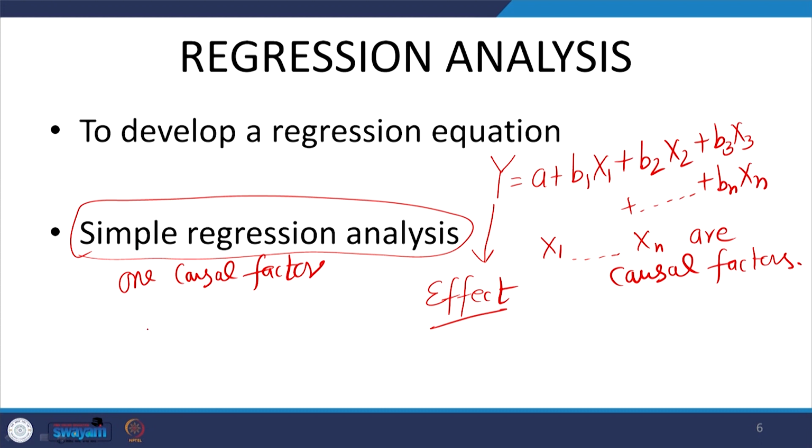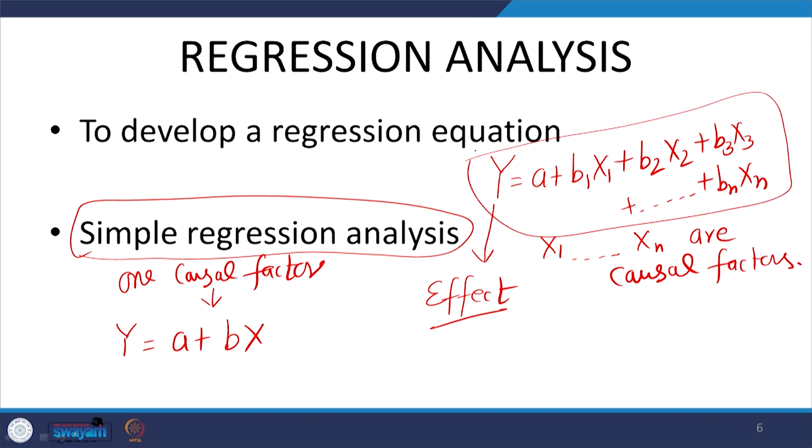Therefore, the shape of our equation will be y equals a plus bx, because in simple regression analysis there is only a single causal factor. When you have more than one causal factor, it becomes a case of multiple regression. So, what I wrote earlier is a case of multiple regression.